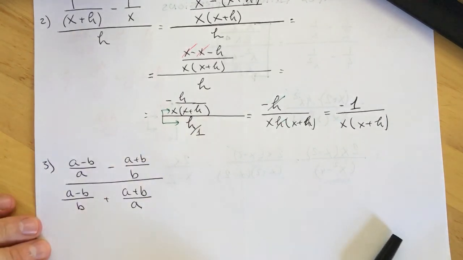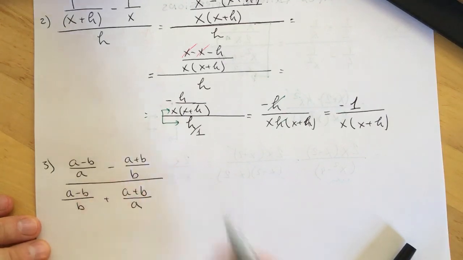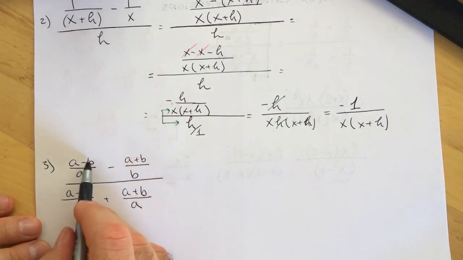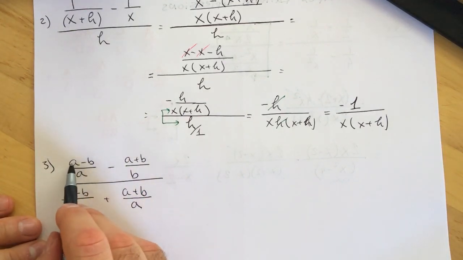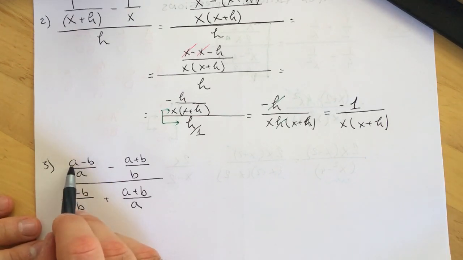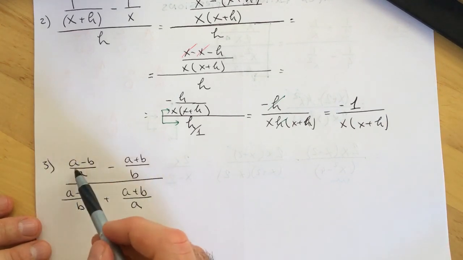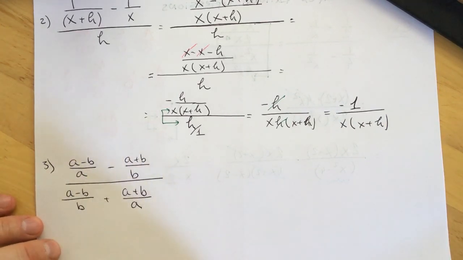So don't fall into the trap of canceling a and a, b and b, and so on. Why? Because this is not expressed as a product of two factors, but it is just a difference. So it's a minus b divided by a. Nothing can be canceled in each of these 4 rational expressions.